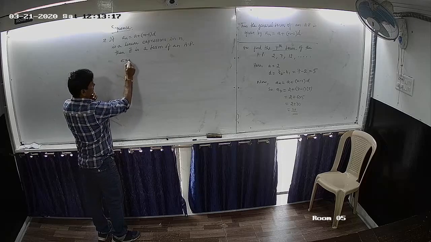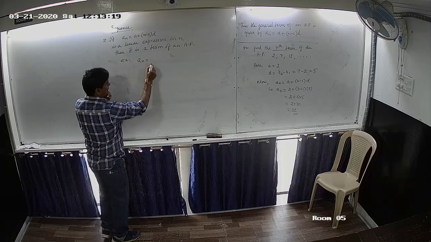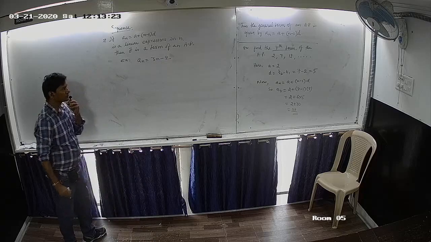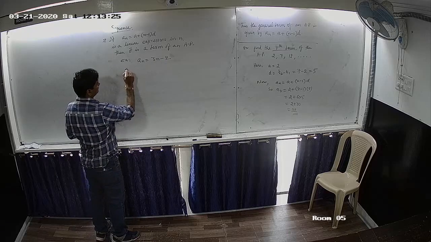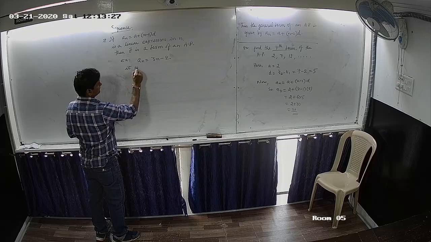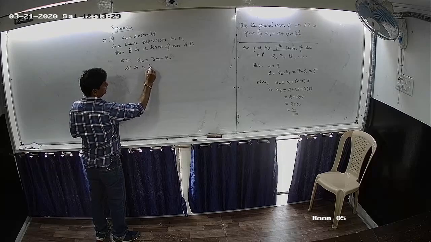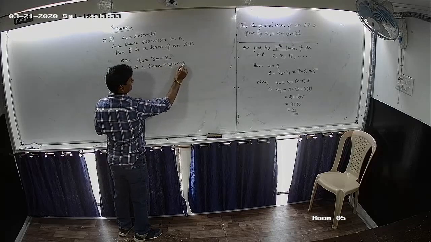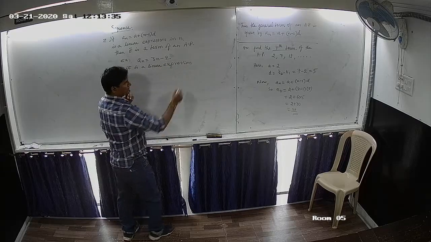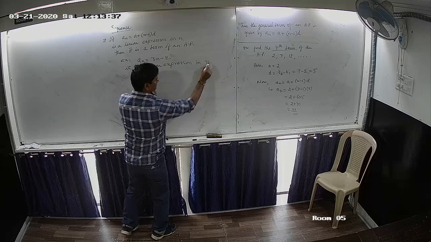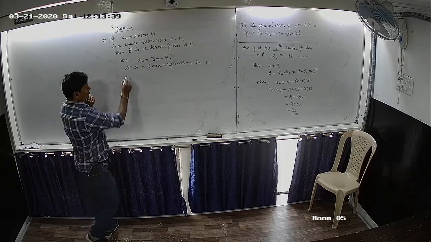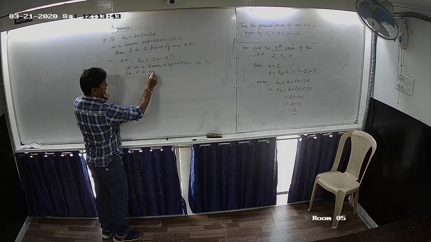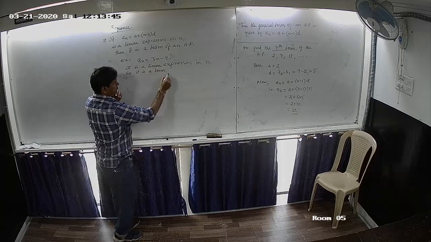Example: an is equal to 3n minus 2. It is a linear expression in n. So it is a term of an AP.